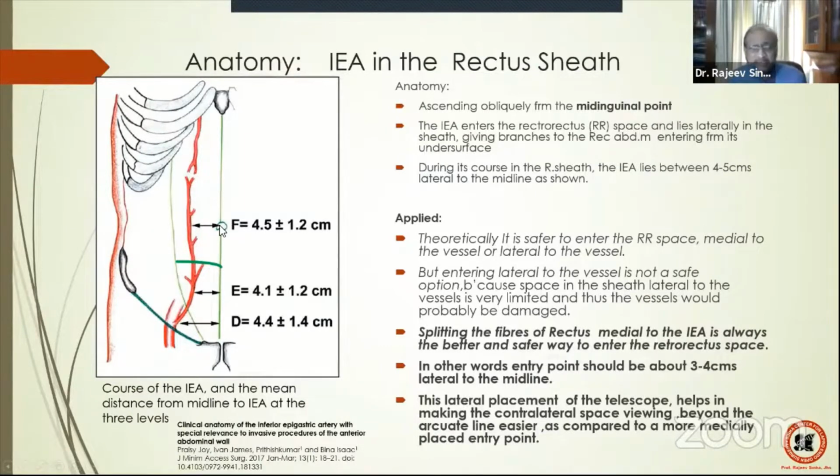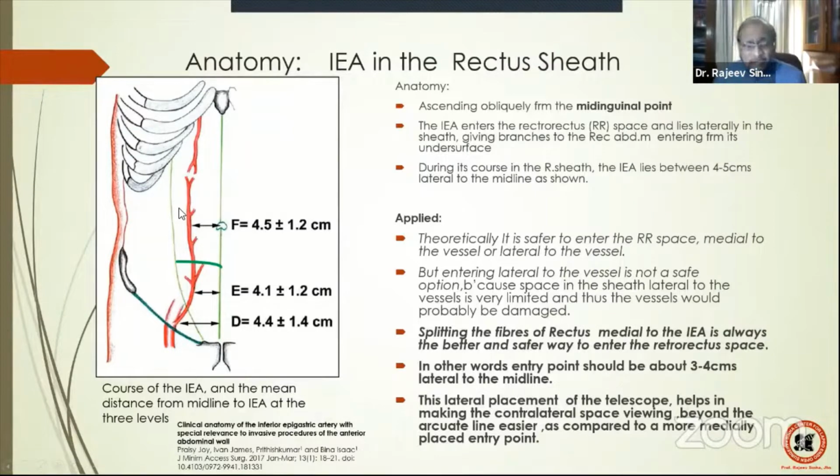That means roughly from the midline, you'll find the inferior epigastric and the superior epigastric at about 3.5 to 5.5 centimeters, which theoretically means you can enter the sheath here or you can enter the sheath here, medial to the vessel or lateral to the vessel.